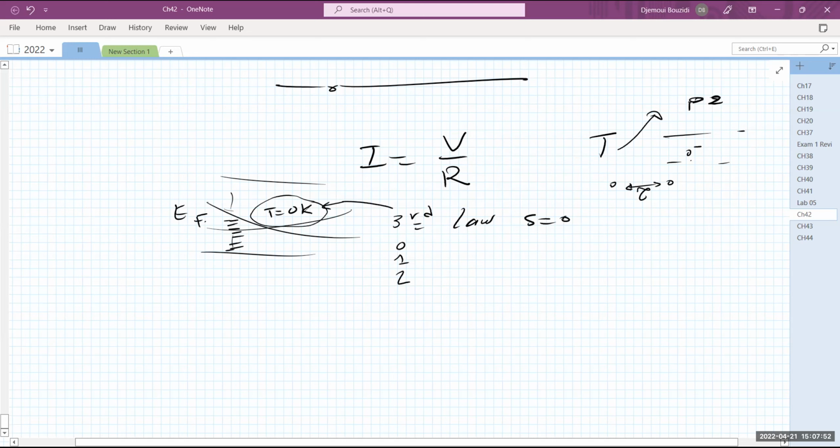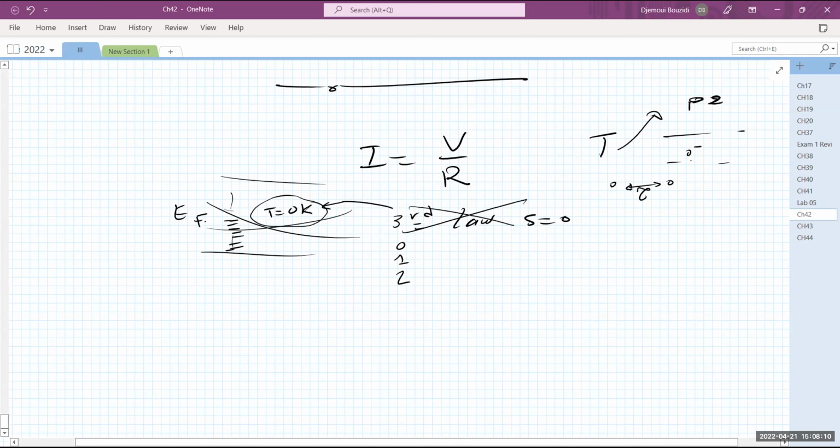But this law now is really useless in the advent of quantum mechanics because of the fact that you cannot reach it, period, because of the Heisenberg uncertainty principle. So now you really don't need this law. That's why we didn't really talk about this one.